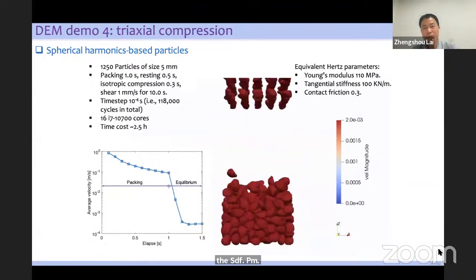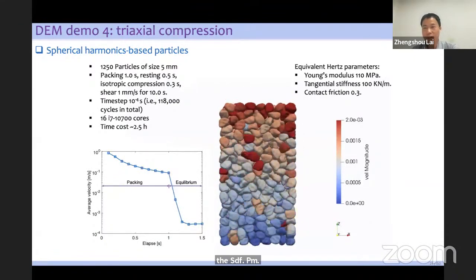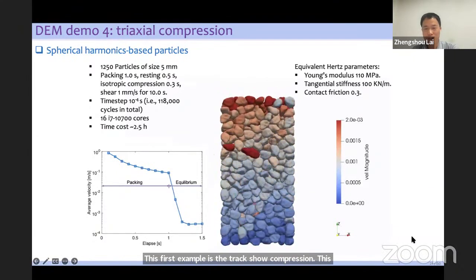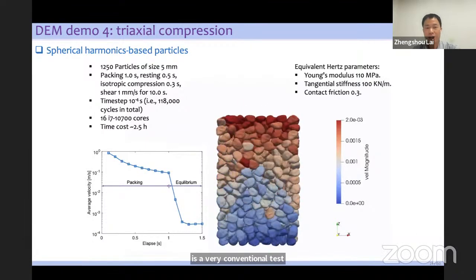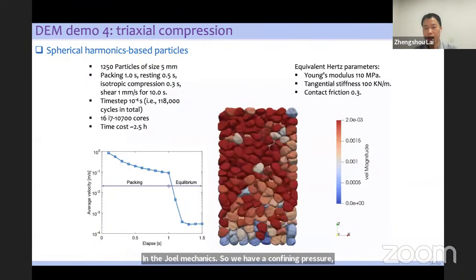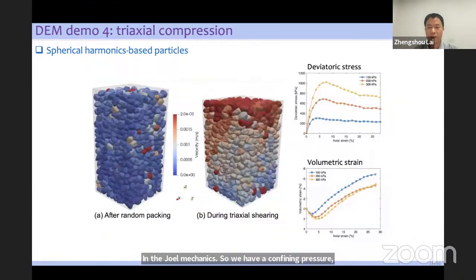The fourth example is the triaxial compression. This is a very conventional test in geomechanics. We have a confining pressure, and we compress the packing of particles from the top. Here shows the deviatoric stress versus the axial strain, and also the volumetric strain versus the axial strain.